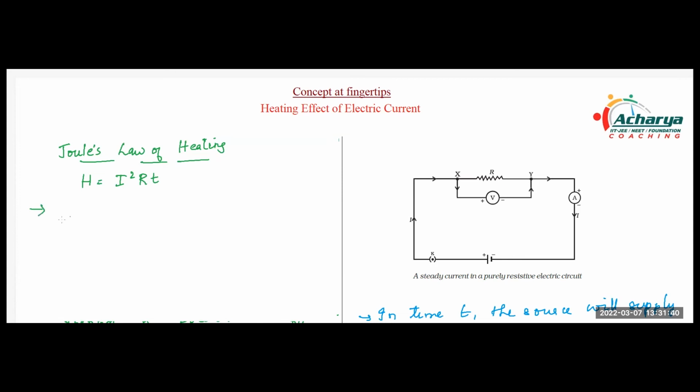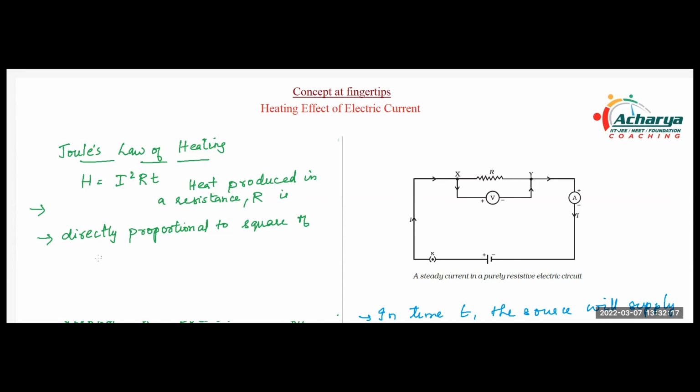So this relation implies that the heat produced in a resistance R is directly proportional to the square of electric current for a given resistance.